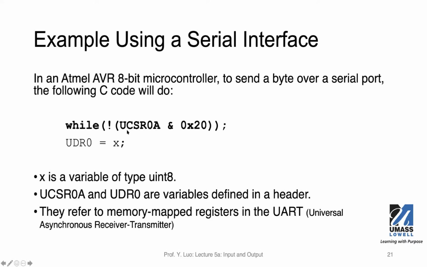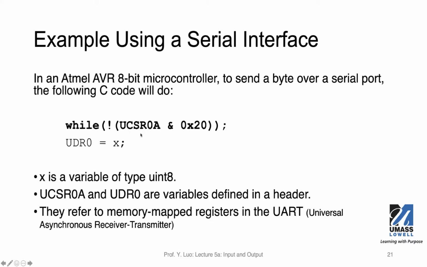We use the name of the register, that is to say, we want to read the value out of this register, and we're going to do a bitwise AND operation. We're going to check a particular bit. I believe this is bit number 5, if we're counting from 0.